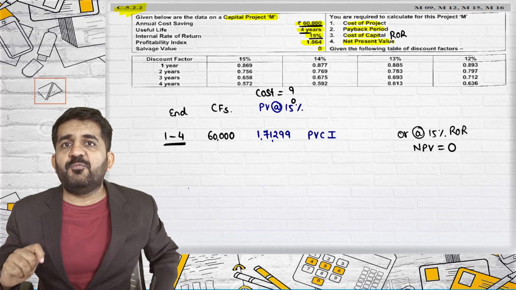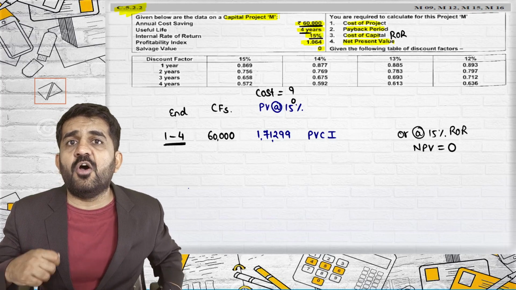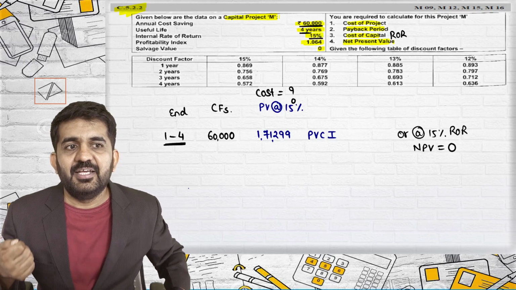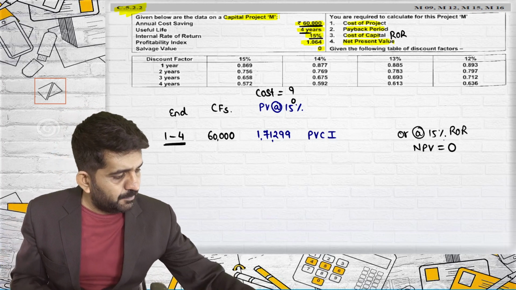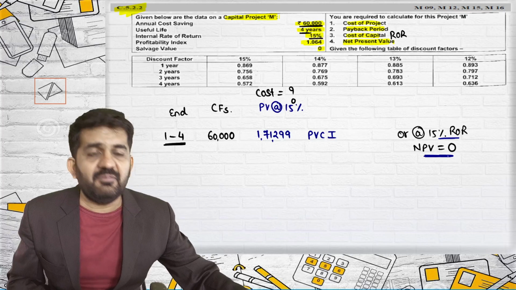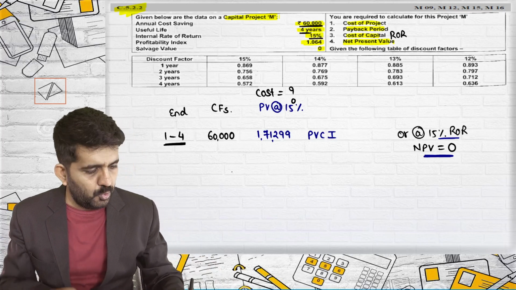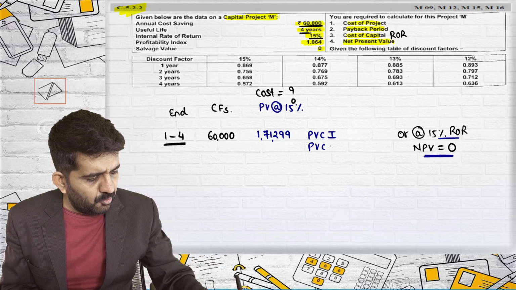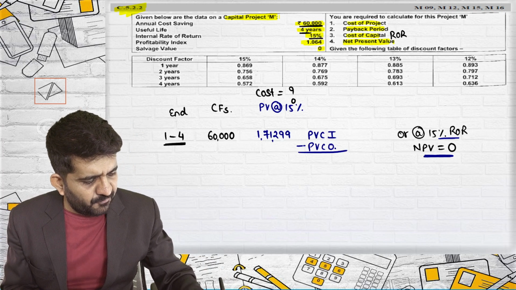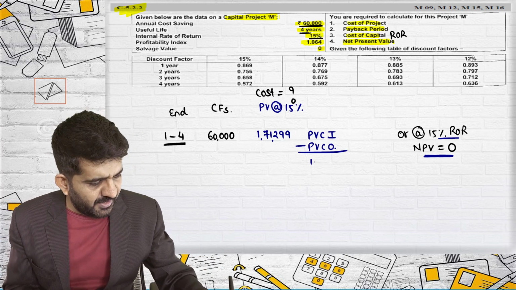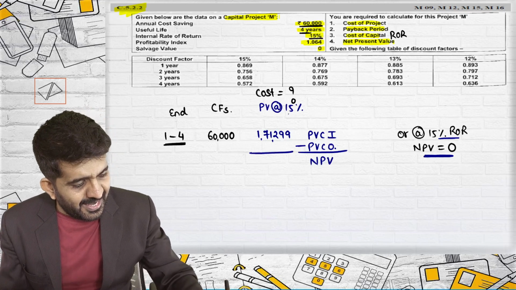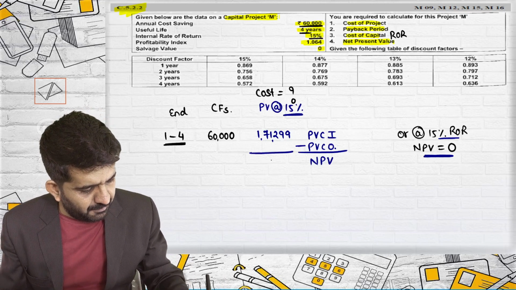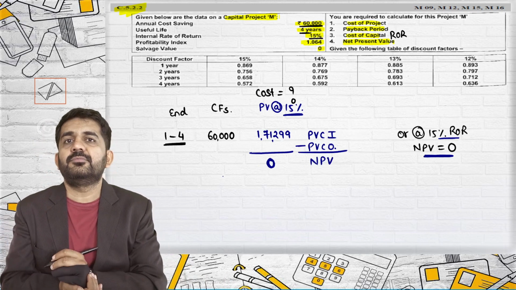Present value of cash inflow at the rate of 15%. And what we have decided is that at 15%, my NPV will be 0. So how to find NPV? Present value of cash inflow minus present value of cash outflow is NPV. At 15%, my NPV will be 0.